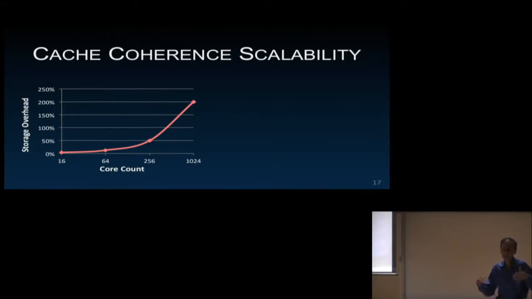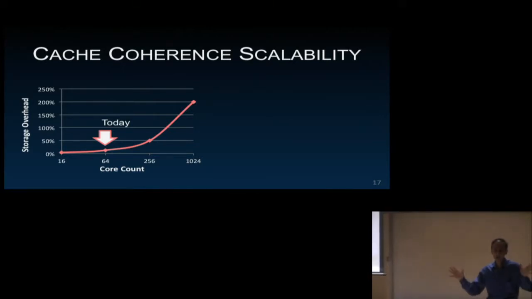That's it. It's like a librarian keeping track of all of the copies of the book that he or she has given out. And that implies that when you have a small core system, I mean, relatively speaking, a 64-core system, that's going to take a certain amount of overhead. There's overhead associated with storage. There's overhead associated with telling everybody that they better invalidate their copies and not read them anymore, close the book, and you're going to get a new one, right?